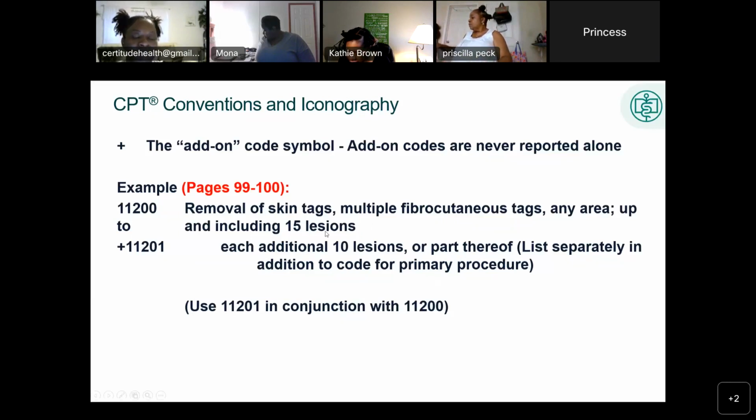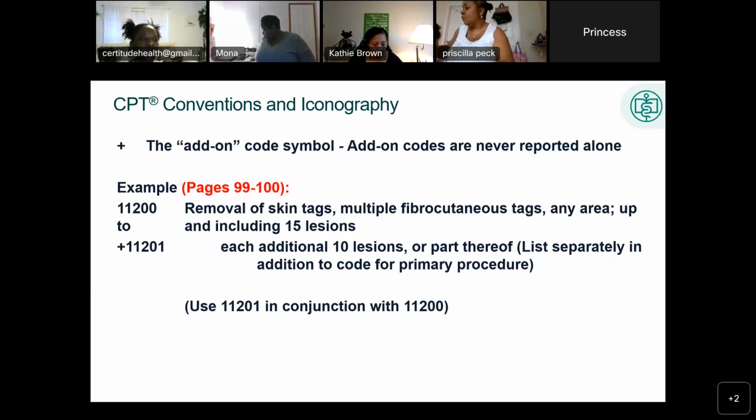You'll find with the skin section, they use the word lesion loosely. And then there's an add-on code. 11200 is on page 99, and again, that is removal of skin tags up to 15 lesions.